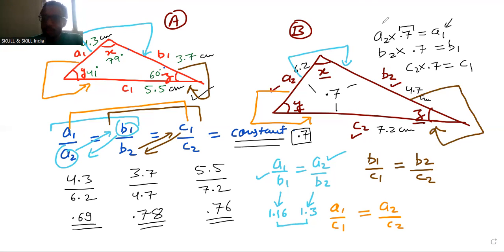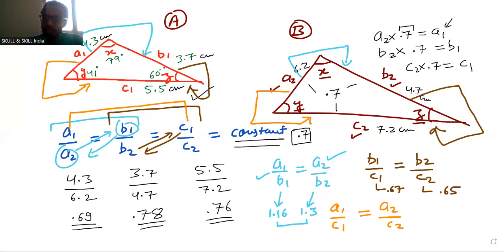Let's try out B1 C1, B2 C2. So B1 upon C1 will be 3.7 divided by 5.5, which is 0.67. B2 upon C2 will be 4.7 divided by 7.2, which is 0.65.